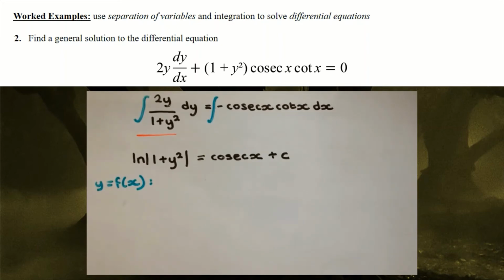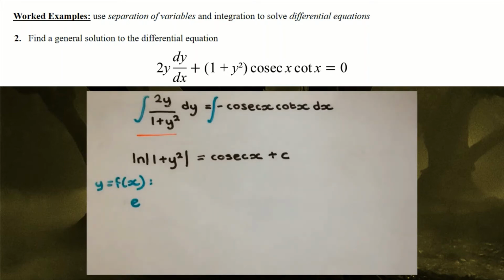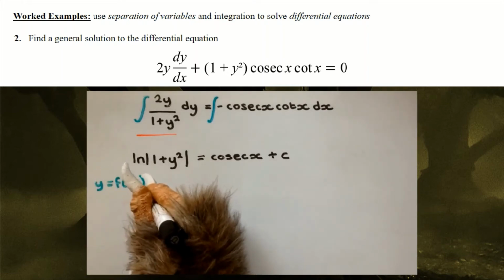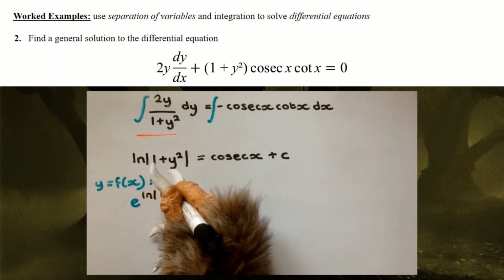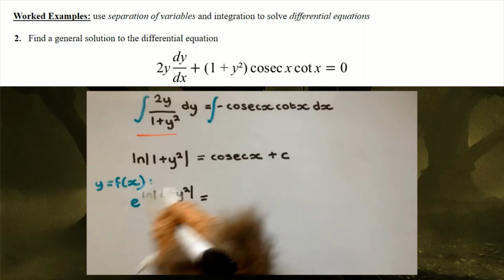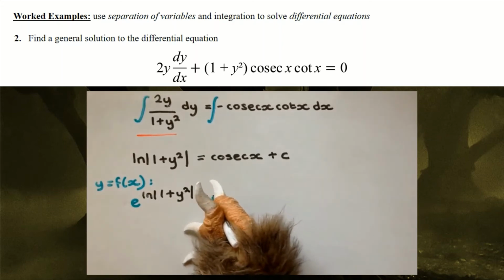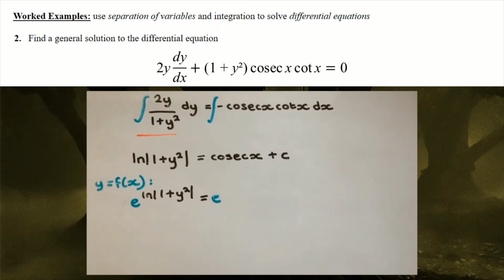So we would have e to the power of the natural log of 1 plus y squared, and that's going to equal e to the power cosec x plus c.